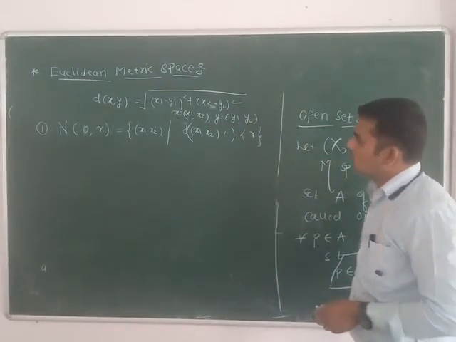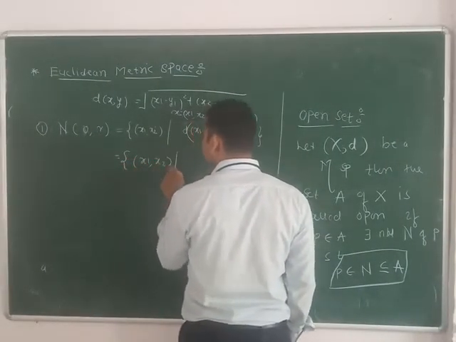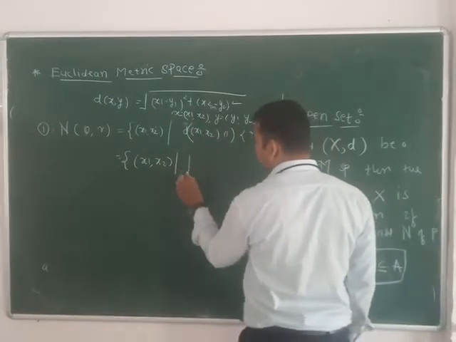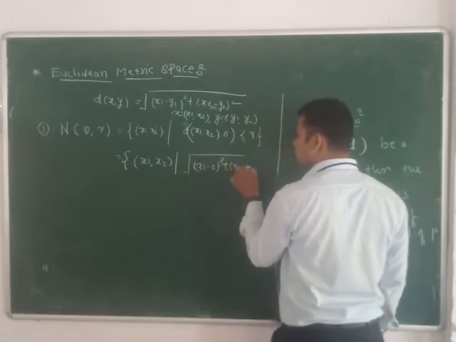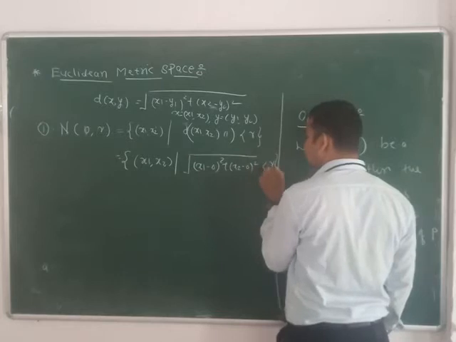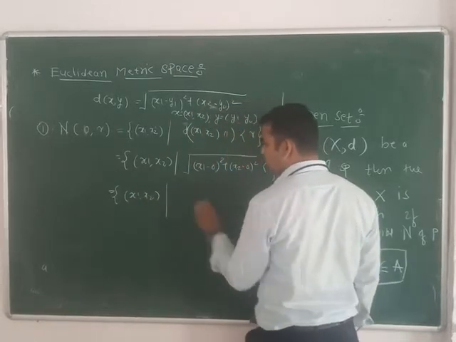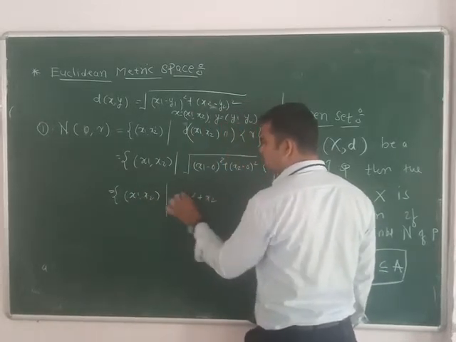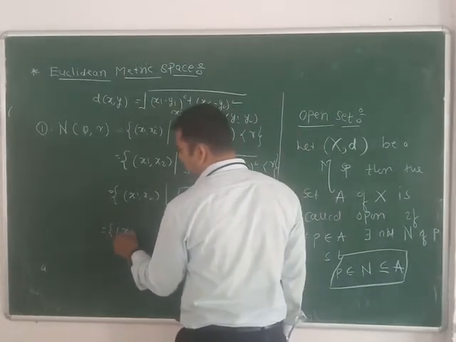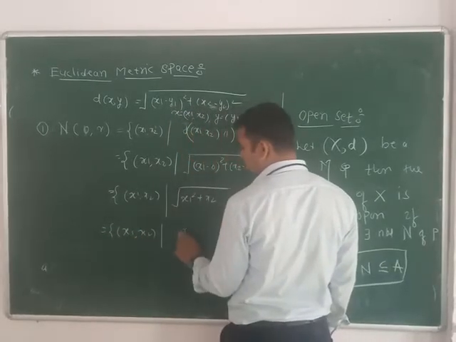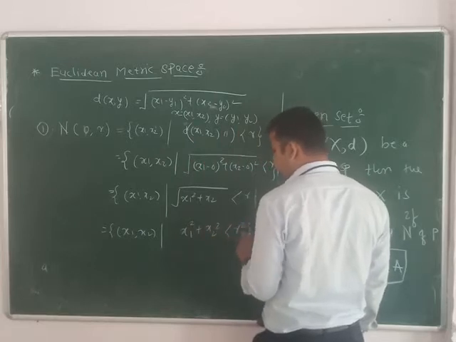Now the set is {(x1, x2) such that the square root of (x1 minus 0) squared plus (x2 minus 0) squared is strictly less than r}, which is equal to the set of (x1, x2) such that x1 squared plus x2 squared is less than r squared, squaring on both sides.